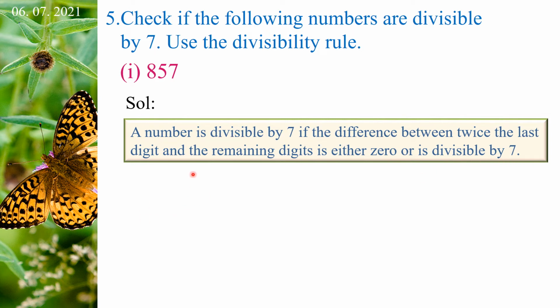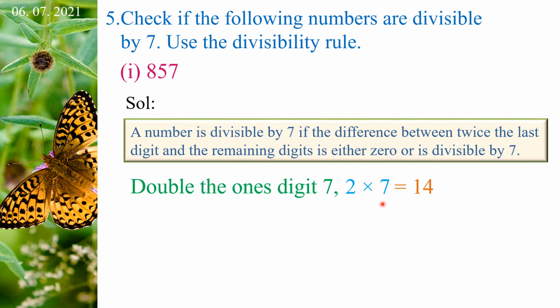Okay, children. So first let us find double the last digit, that is the ones digit. Here, what is the ones digit? Very good, 7, the ones place digit. So first let us find double the ones digit. 7 into 2 we get 14.